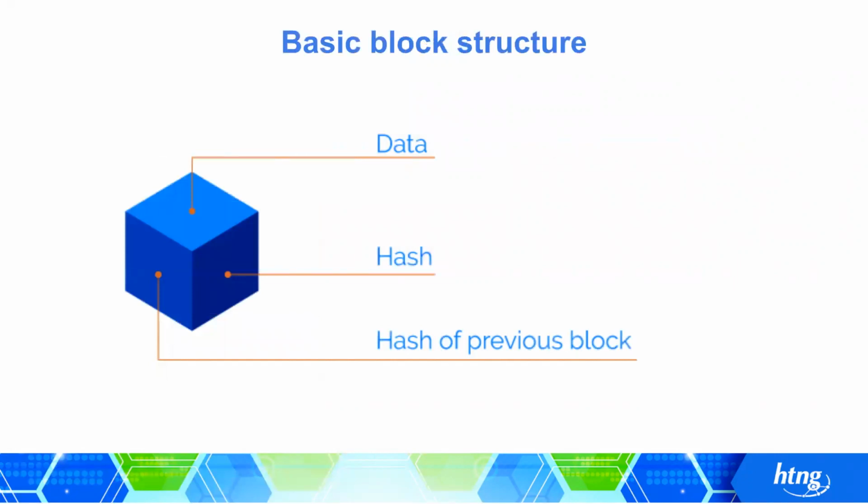So, the basic block structure. As you can see, we have data, the hash, and the hash of the previous block. The block contains a digital signature, timestamp, and other information. We will touch on it on other slides. The data part contains and represents transaction information.